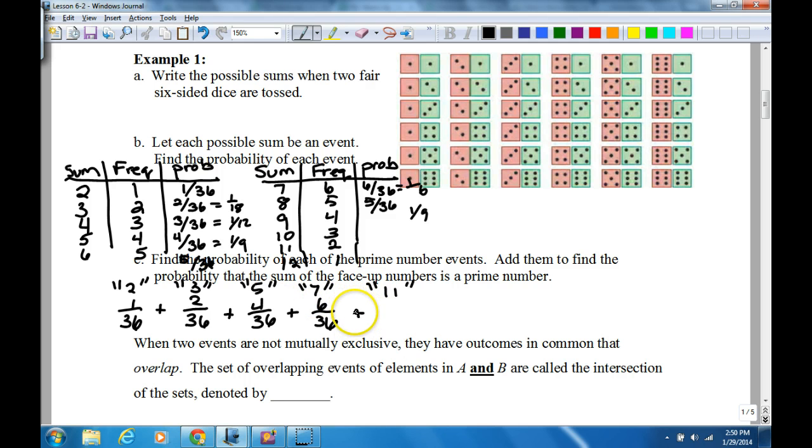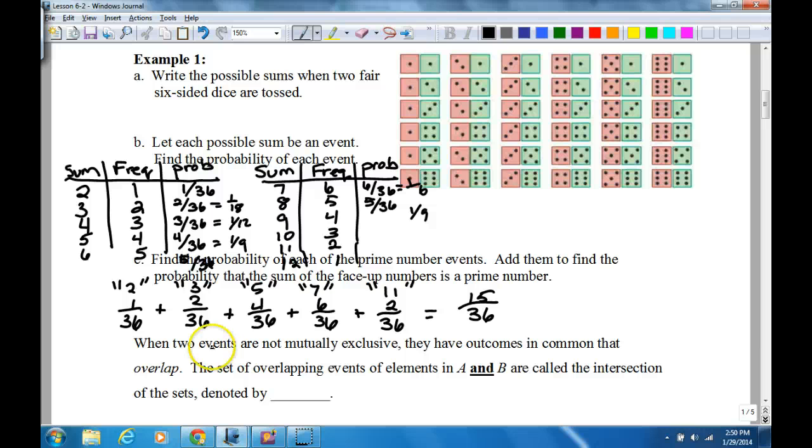Yep. 11, 2 out of 36. So if I add all these together, I get 15. 3, 4, 7. 7 plus 6 is 13. It should be 15. So 15 out of 36. Okay? Make sense?